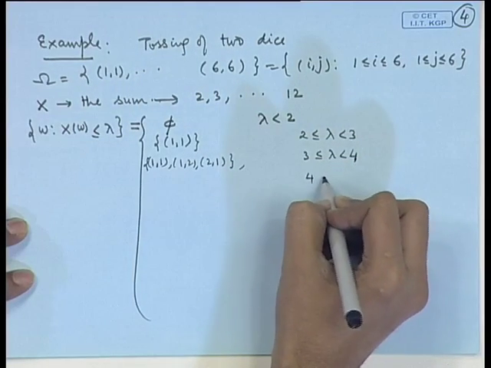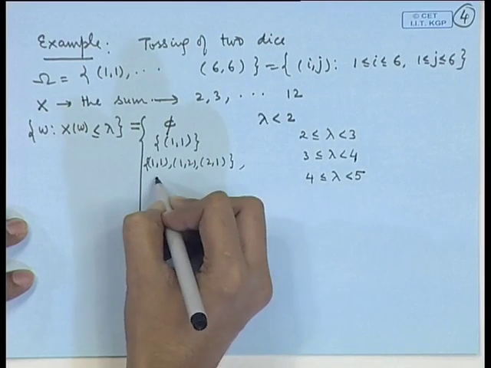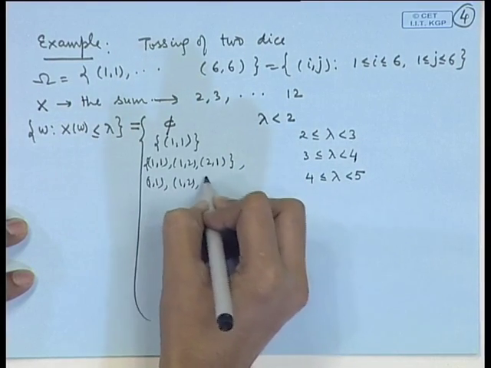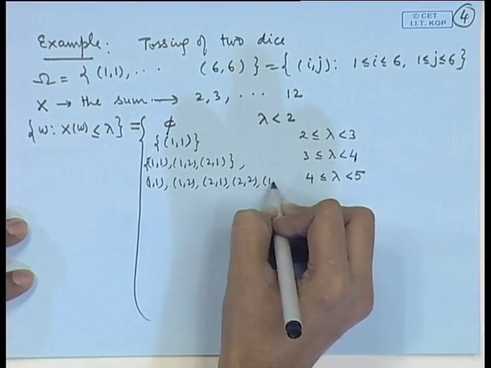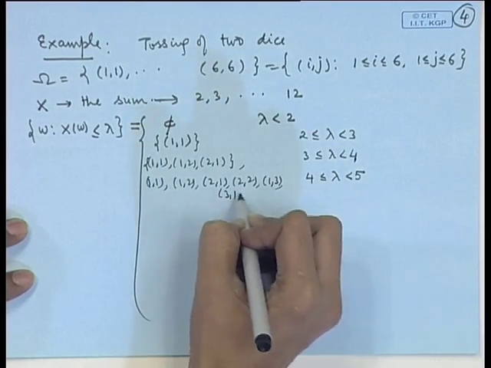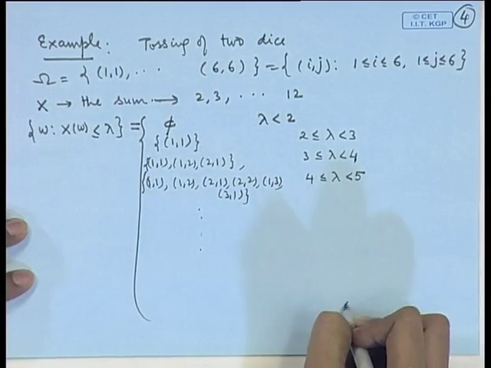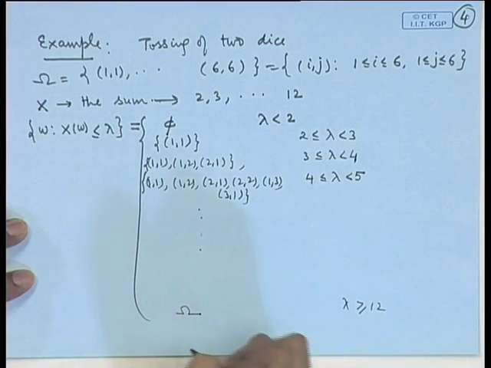If I have lambda greater than or equal to 4, but strictly less than 5, then this will become equal to (1,1), (1,2), (2,1), (2,2), (1,3), (3,1). Like that, if lambda is greater than or equal to 12, then this will be full omega.